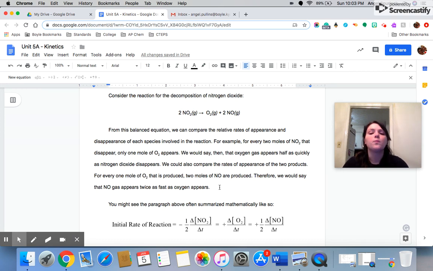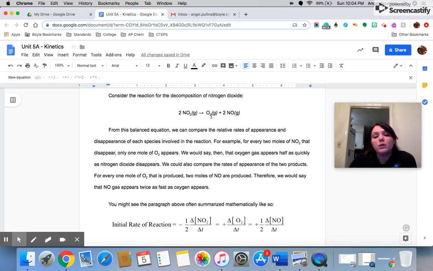What we can see here is that for every 2 moles of nitrogen dioxide that we use up, we're going to produce 1 mole of oxygen gas. So rate-wise, relatively, we can say we're going to produce oxygen half as quickly as we use nitrogen dioxide, or that oxygen gas is going to appear half as quickly as nitrogen dioxide disappears.